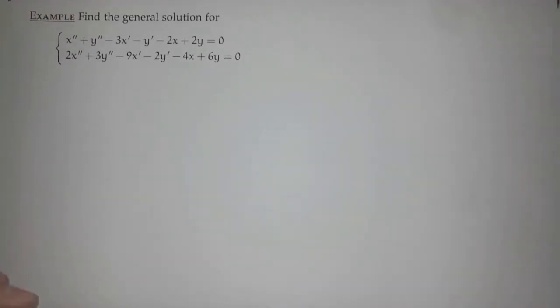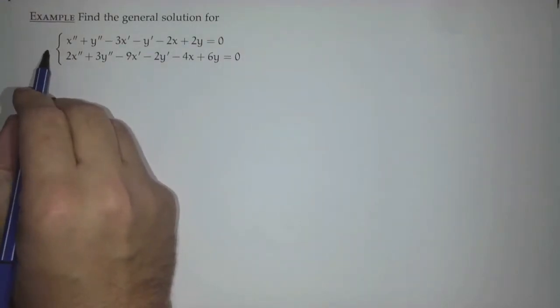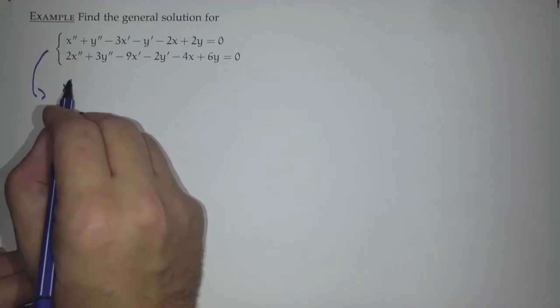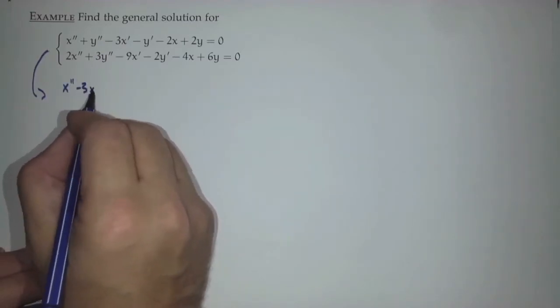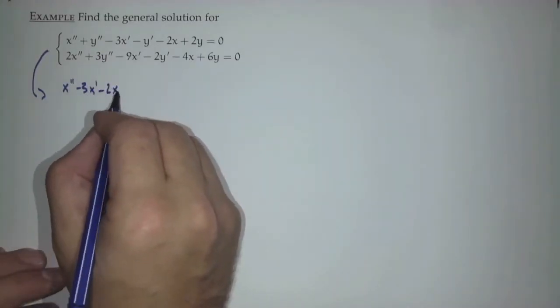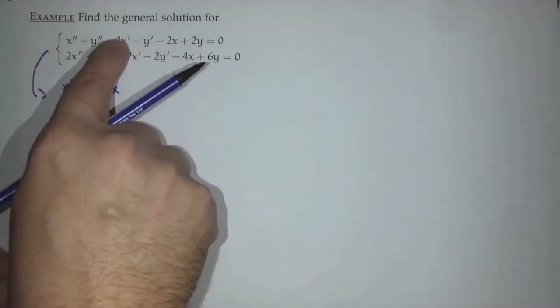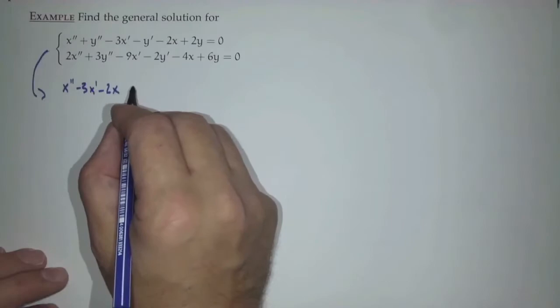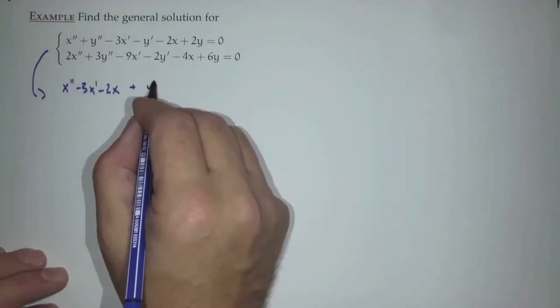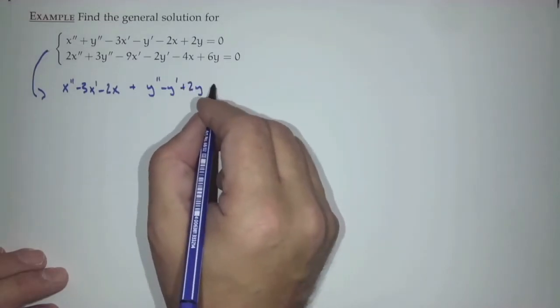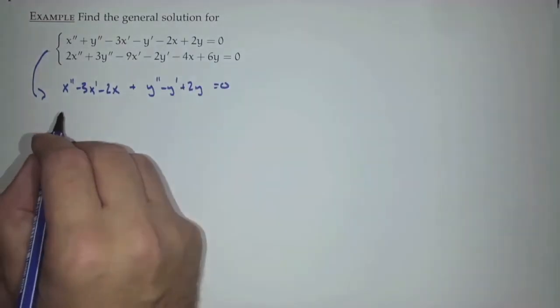Well, first thing, let's just start by rewriting this. So this is the same as x double prime minus 3x prime minus 2x. And you'll notice I'm putting the x's together. Then plus y double prime minus y prime plus 2y equals 0.